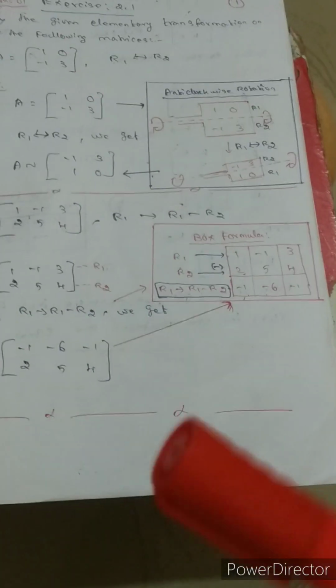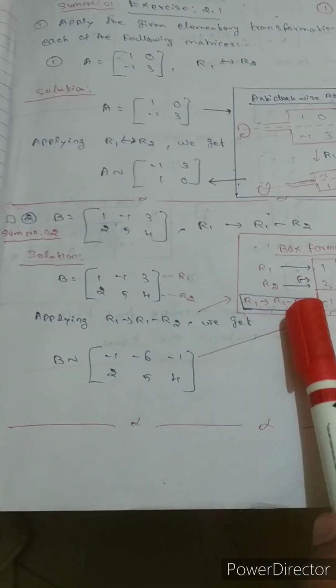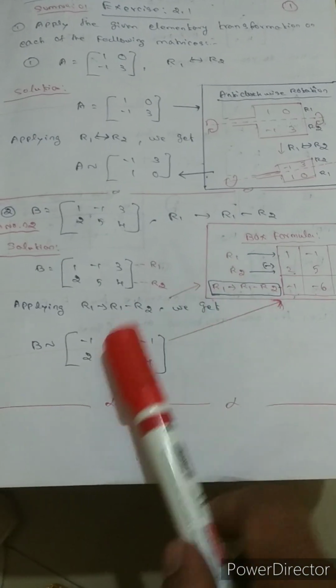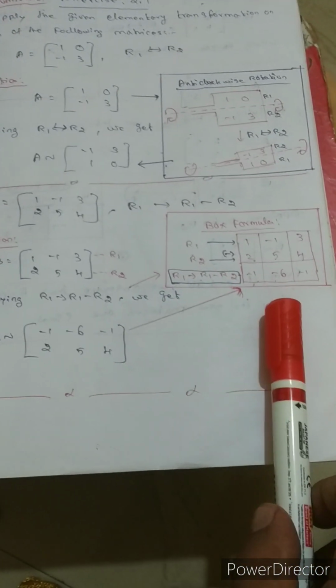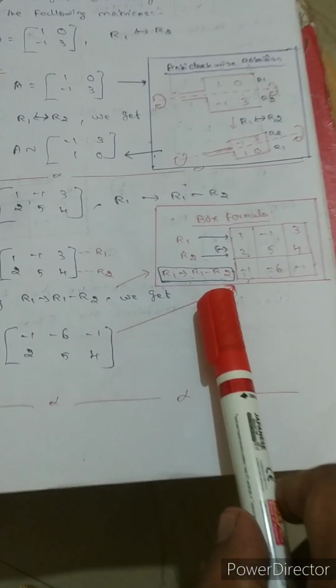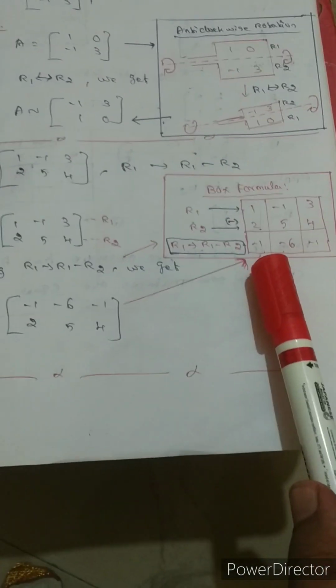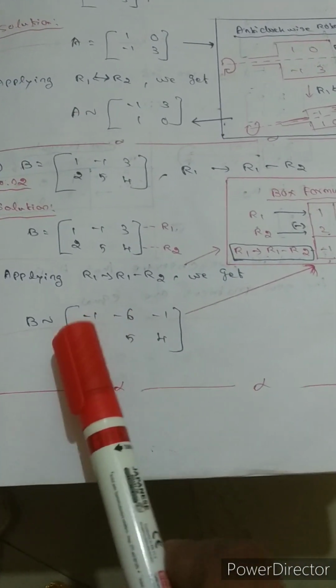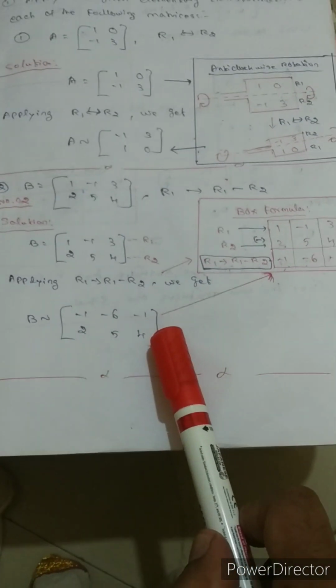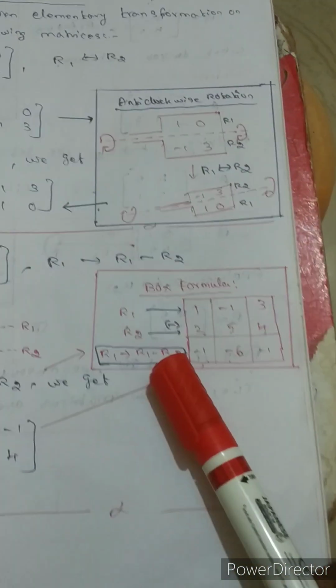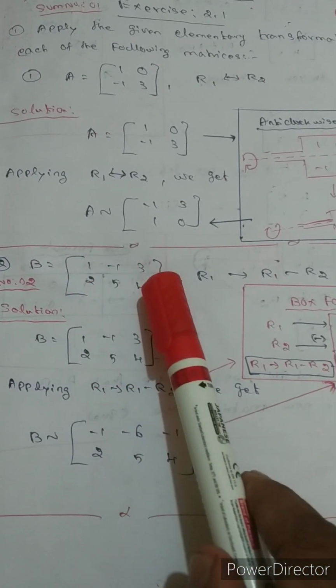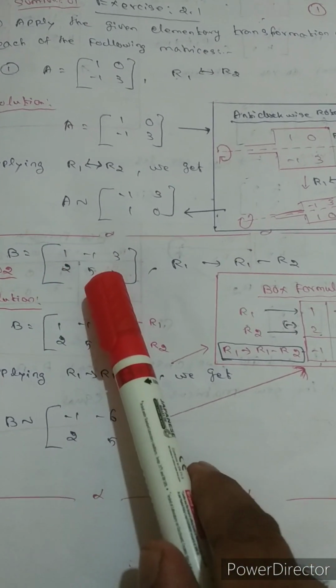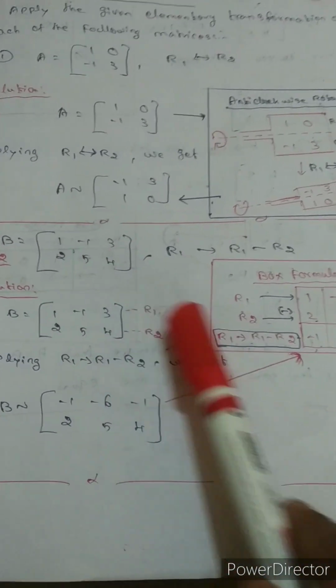Same. Next, the box formula creations. We are finding sum number 2. We are finding the answers. Box formula: R1 gives R1 minus R2. Minus 1, minus 6, minus 1. I have written here minus 1, minus 6, minus 1. Here R1, R2, R1 value is given in the questions: 1 minus 1, 3, 2, 5, 4.